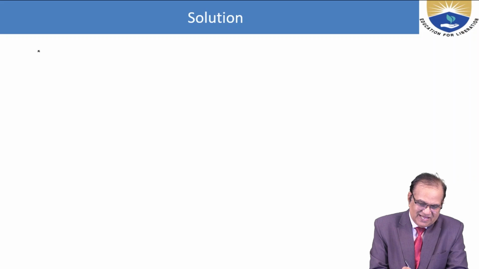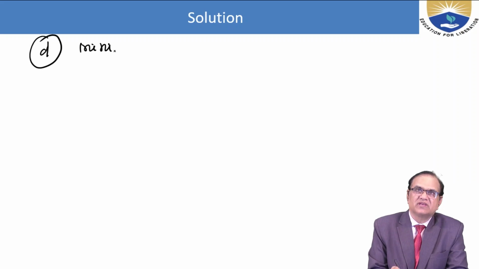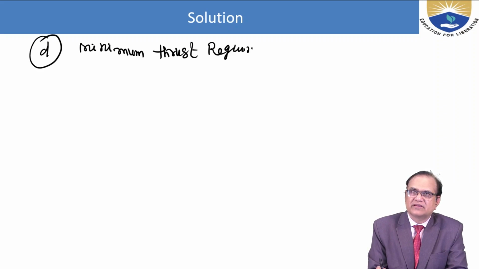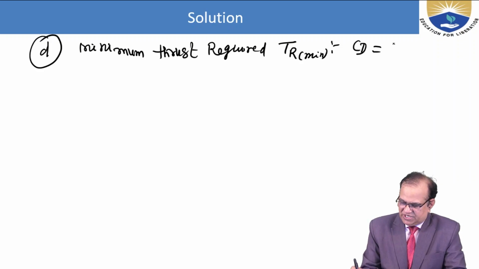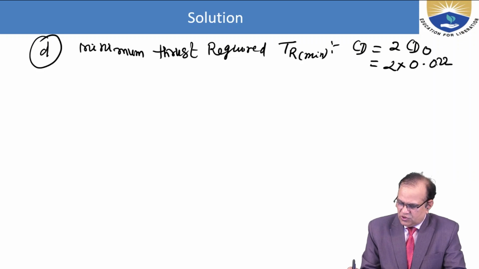Now I will see the D. In this D, I have to find out the minimum thrust required. It is called TR minimum. And we know that in this case, our CD should be 2 times of the CD naught. So 2 into CD naught is 0.022, so 0.044.